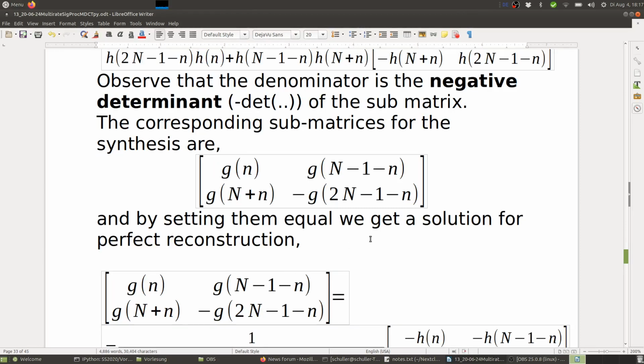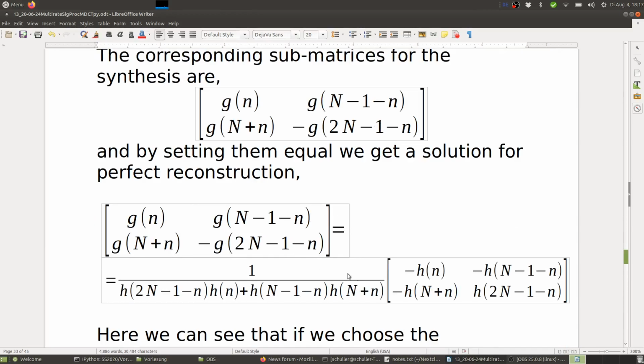We basically do the same trick, and we can also invert them. And well, we don't need to invert them, we just compare them, as you can see here. So here we have the inverse from the analysis, and the synthesis needs to be identical to the inverse of the analysis for perfect reconstruction. And then we can just compare piece by piece.